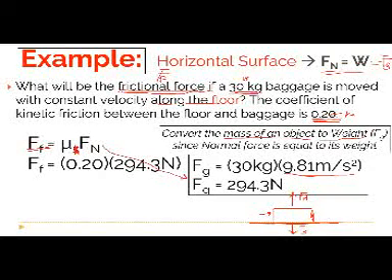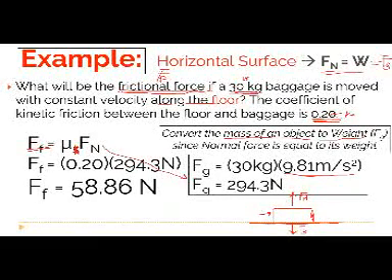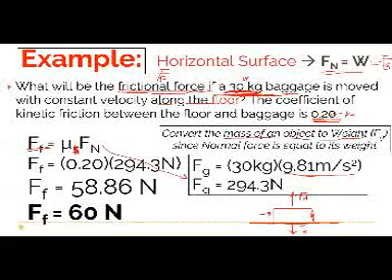So 0.20 times 294.3 Newtons is equal to 58.86 Newtons. Since the 30 kilograms has only one significant figure, we round 58.86 to one significant figure, and that is equal to 60 Newtons. So the frictional force of the floor to the baggage is equal to 60 Newtons.